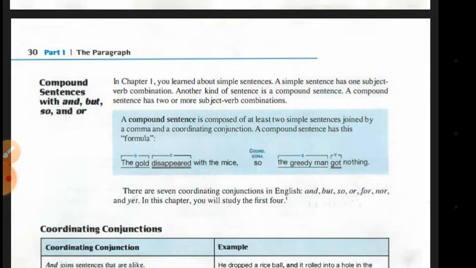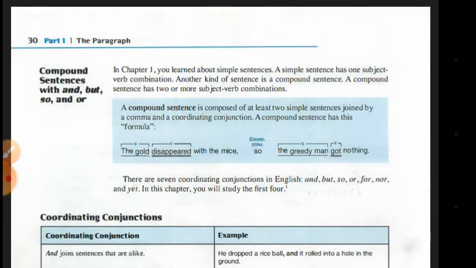We learned in the first chapter about simple sentences. A simple sentence has one subject and one verb. Another kind of sentence is called a combined sentence, جملة مركبة. A combined sentence has two or more subjects and two or more verbs.